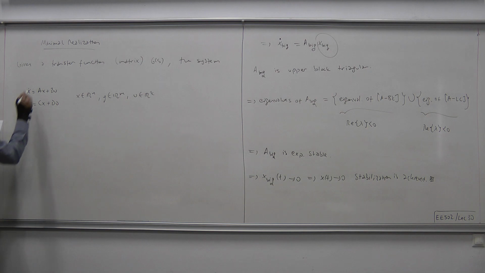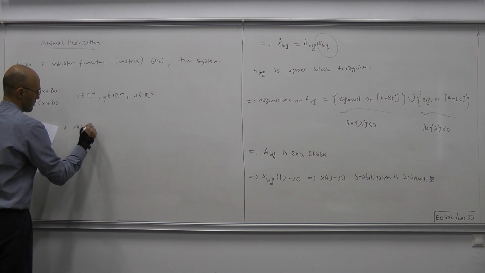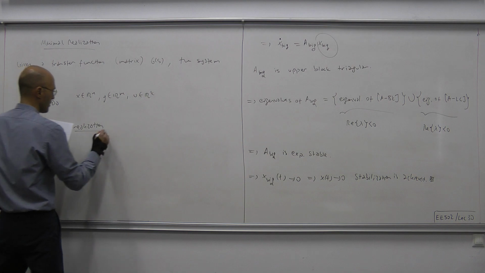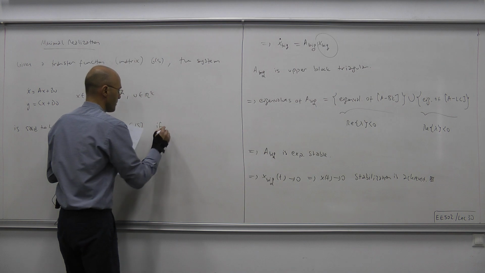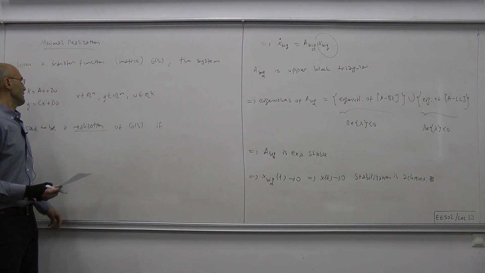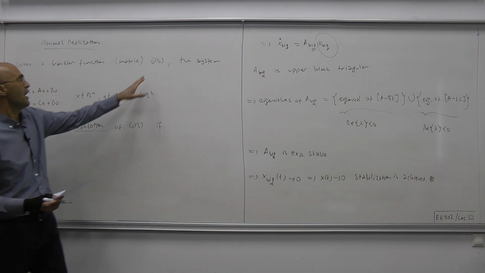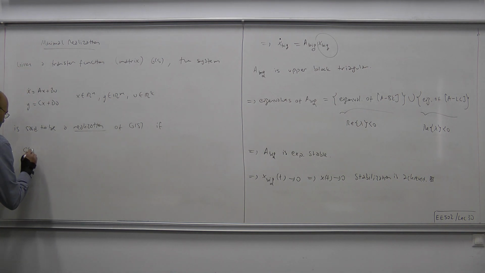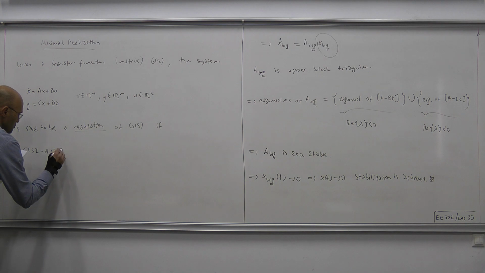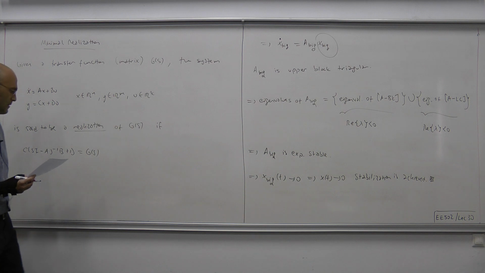So this state space representation is said to be a realization of G of s if, as we already talked about, the relation between the system parameters A, B, C, D and the transfer function matrix G of s is such that C(sI minus A) inverse B plus D produces the transfer function that's given.